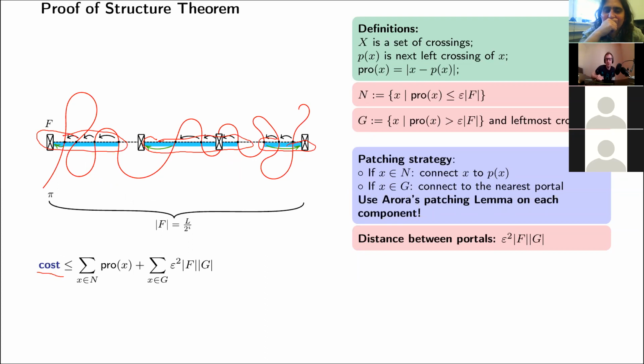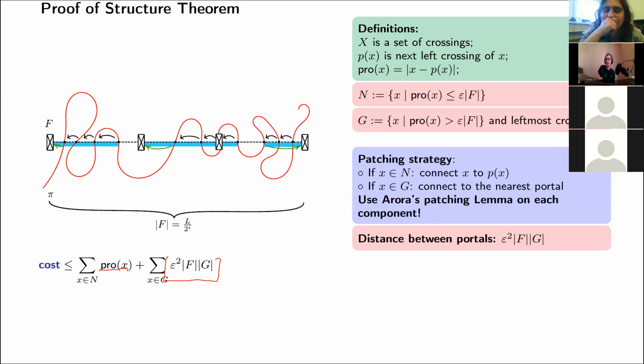So this blue region is basically the sum of all black arrows and the sum of all the green arrows. So what is the sum of black arrows? It's basically the sum of the proximities of these vertices in the near set. And what is the bound on the green arrows? It's basically the distance between the portals times the number of green arrows.